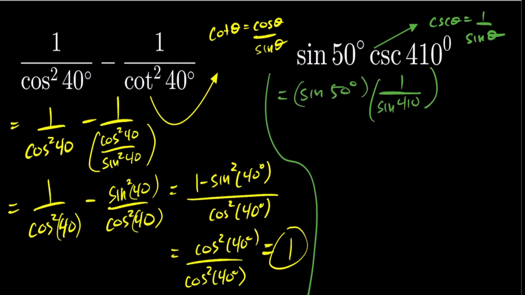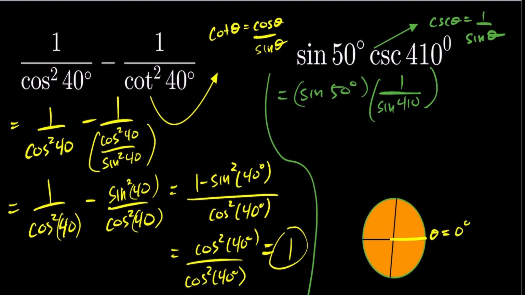Now let's re-examine the sine of 410 degrees. Looking at your unit circle here, you see at 0 degrees, we start off on our positive x-axis on the terminal arm, a rotation of 360 degrees, and then what happens is that 410 degrees is actually going to be 50 degrees past where we were at here. This is going to represent 50 degrees, but it also represents 410 degrees.